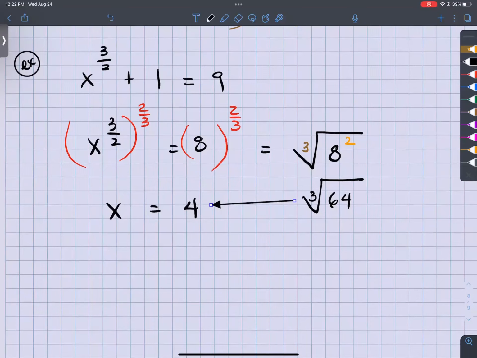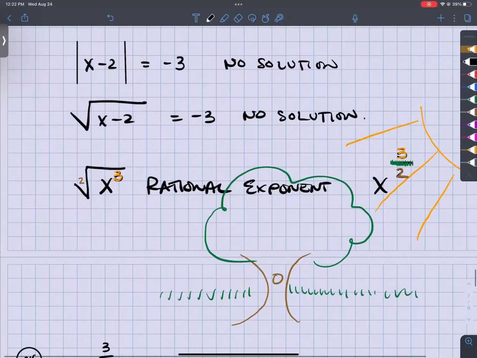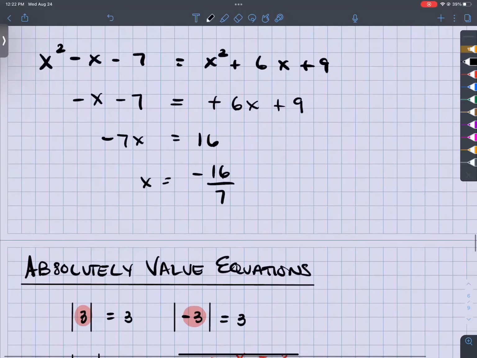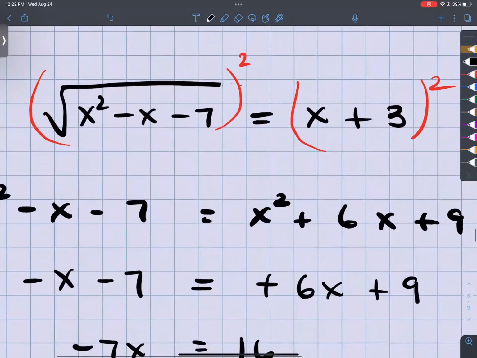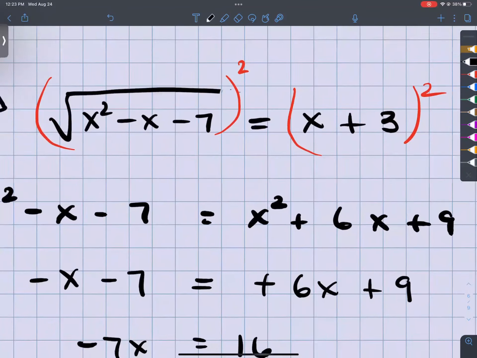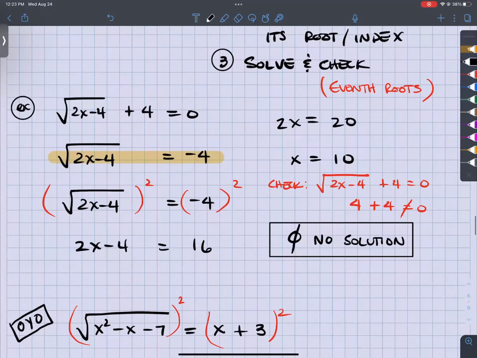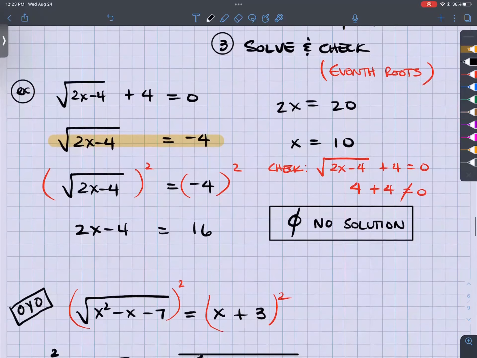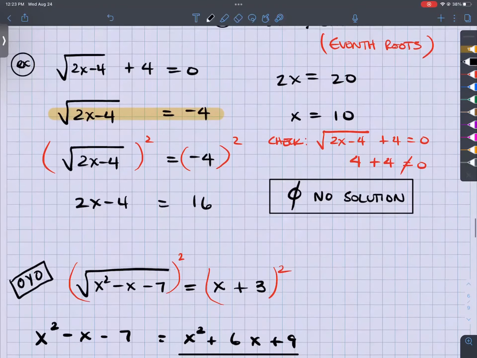So here's my question. If I had 2 radicals, what should I do? Remember what the steps were? What was step 1 about radical equations?